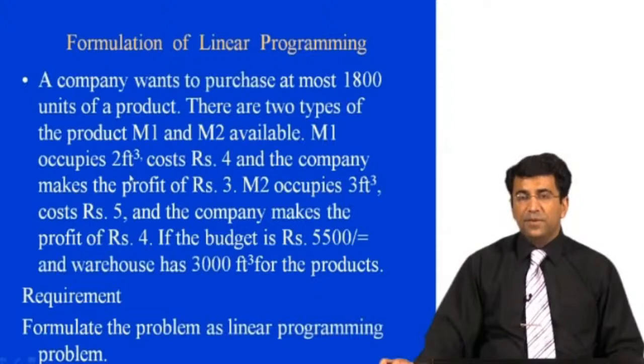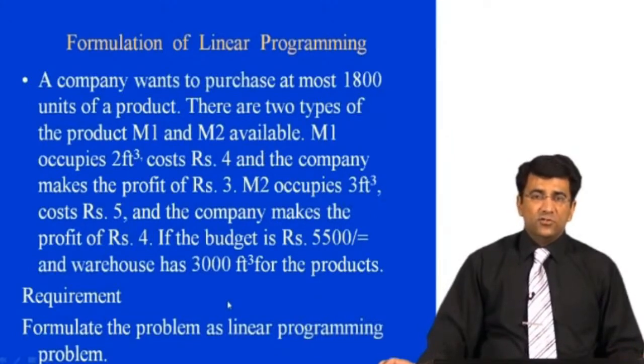That is being represented by a unit of feet cube. Then the cost dimension is given for the different products. Again, we'll have to produce the products within that cost limitation. And again, the company makes the profit of ₹3 for the product M1 and the profit of ₹4 for the product M2. So these two values represent our objective function.